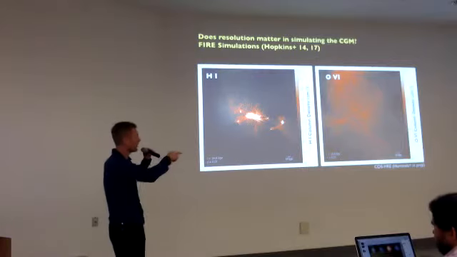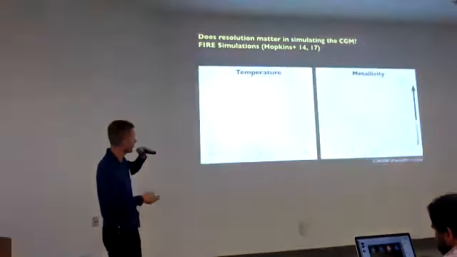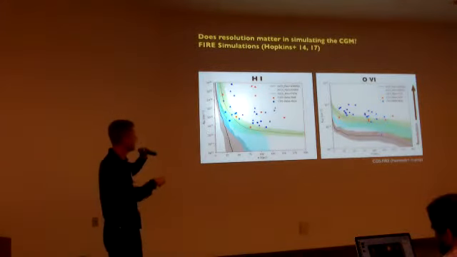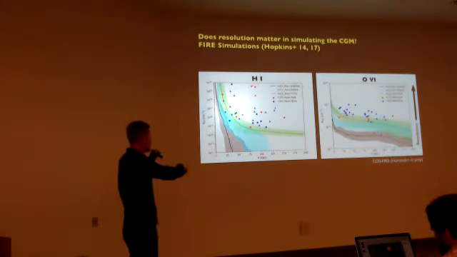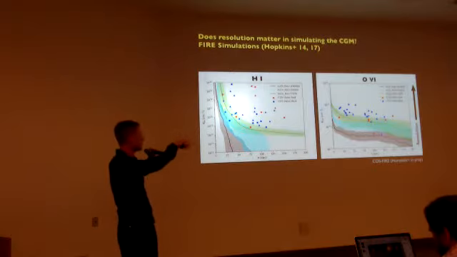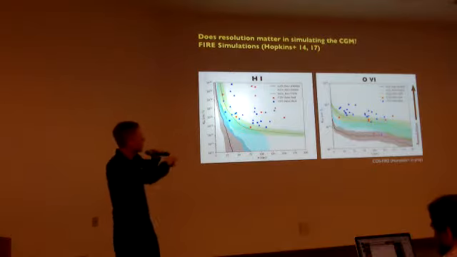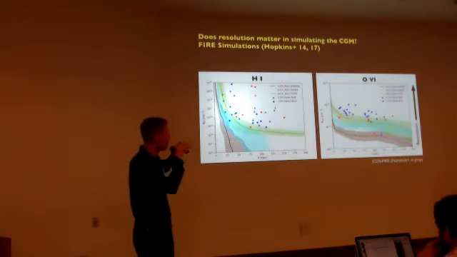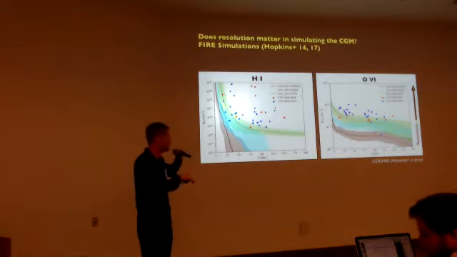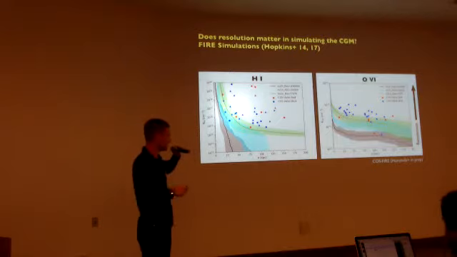So if we then make radial profiles like what the observers do, you get these radial profiles where you've got impact parameter on the bottom, and then your column density for H1 and column density for O6 in these two plots. What we've shown here are 3 separate runs of different resolution.